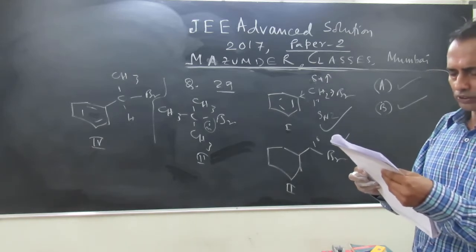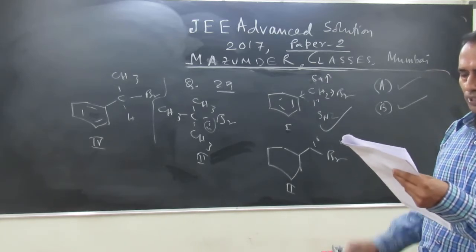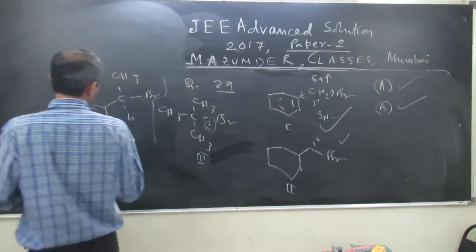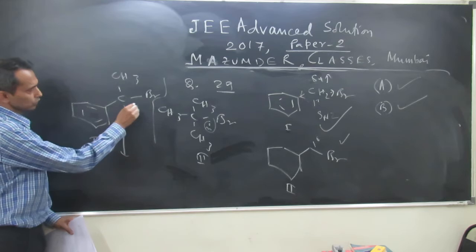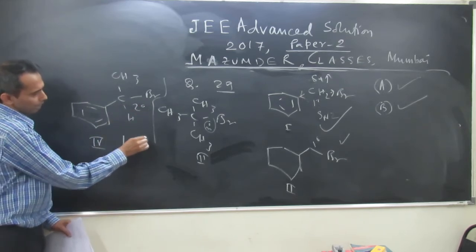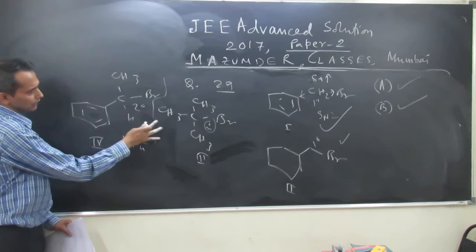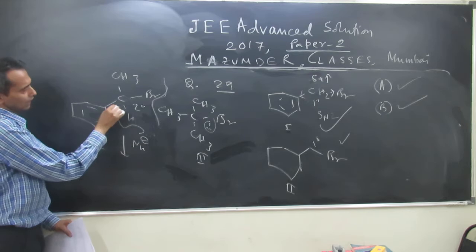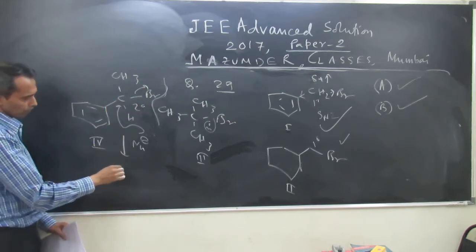If you see option C, compound 4 undergoes inversion of configuration. Compound 4 is this one over here. Yes, SN2 can take place because it is 2 degree and benzylic. Suppose nucleophile is given, so obviously if it is R, the bromine will go out. So there will be inversion of configuration.